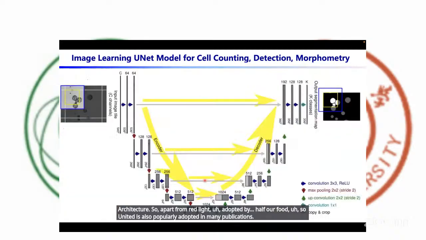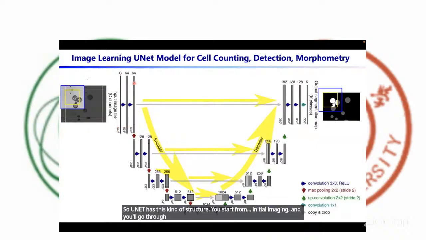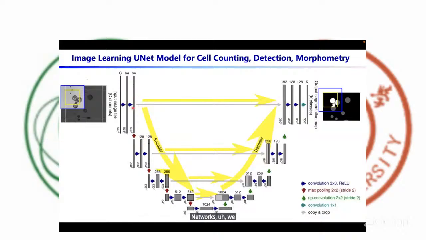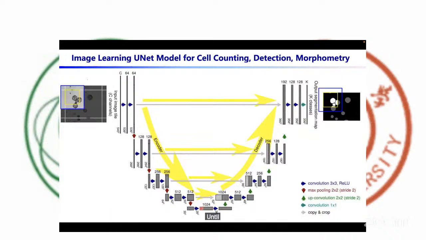So UNet has this kind of structure. You start from the initial image and you go through the network. We know that when we do the convolution, the feature map becomes smaller and smaller, until it becomes an extended vector. Normally after you arrive at this vector, you do the prediction task. But for UNet, it does the opposite.